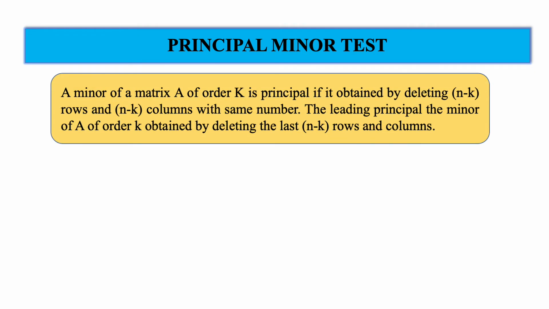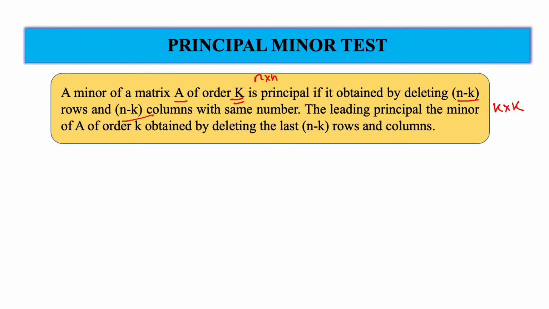A minor of matrix A of order k is a principal minor if it is obtained by deleting n minus k rows and the corresponding n minus k columns from the n into n matrix. You get a matrix of order k into k.